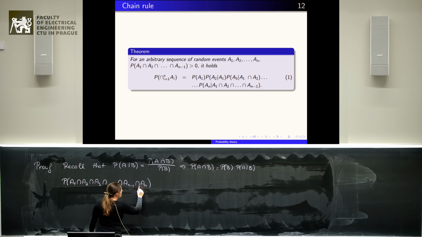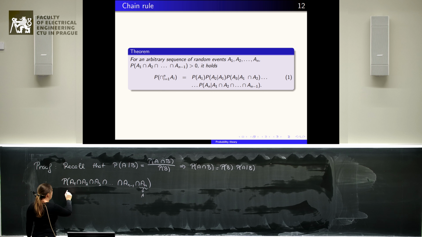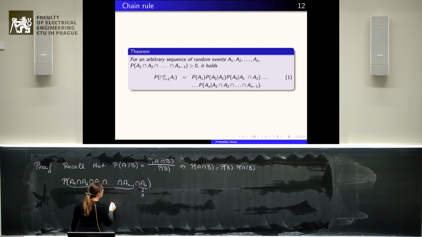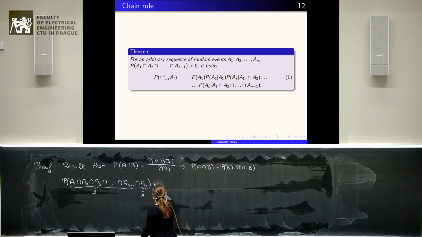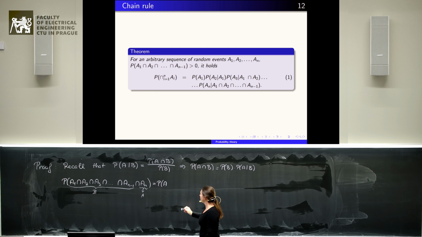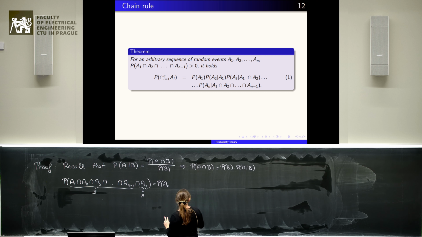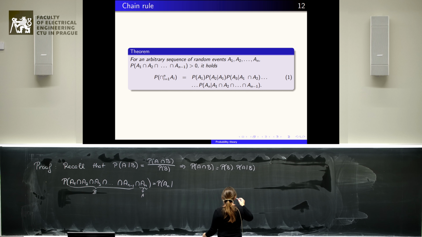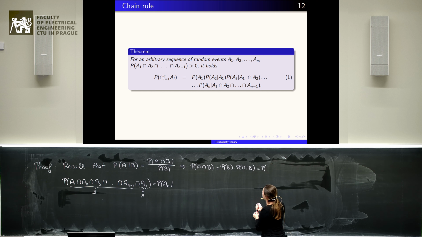And when we denote this AN to be the event A in the definition, the intersection of the remaining events is the event B. Then, from the definition, we have that the probability of this intersection is equal to the probability of AN conditionally on... I will use it.